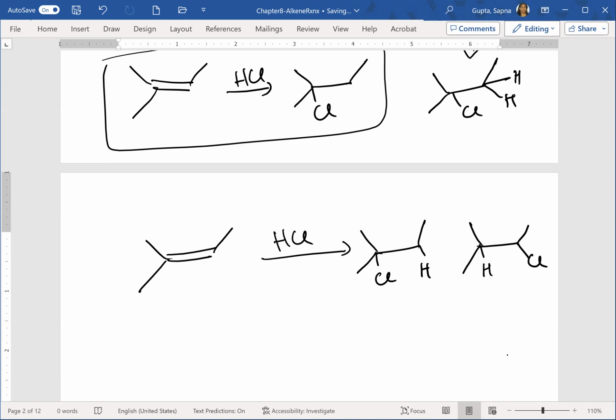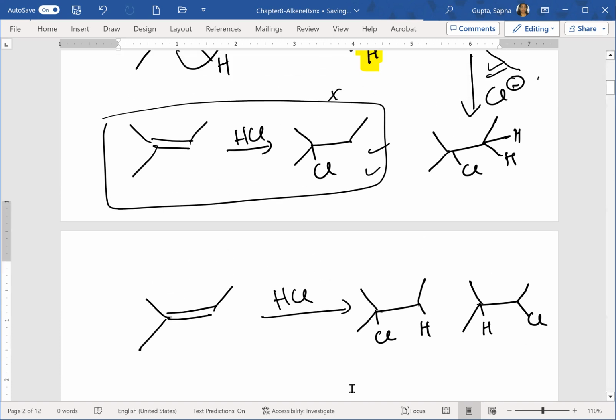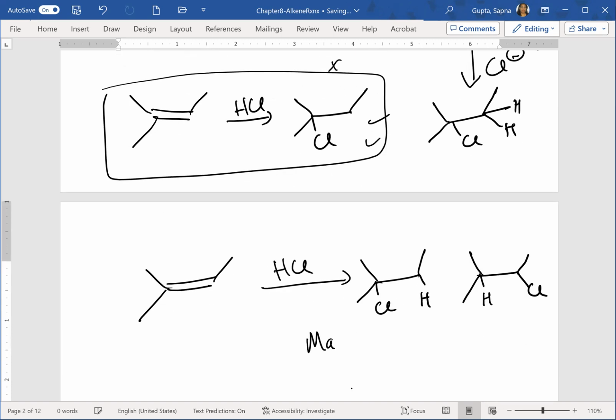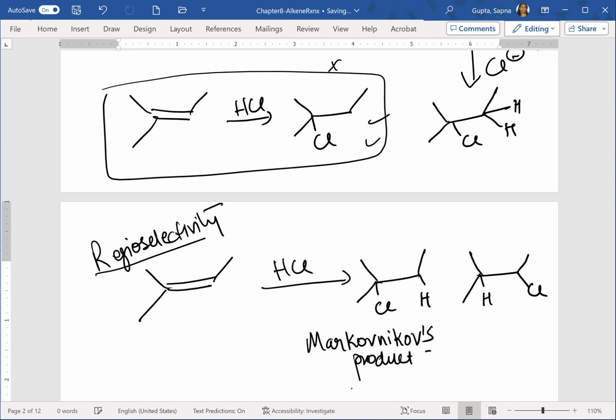So this one, the first one that I have here, this is also the one that you got, okay, because of the carbocation. This is called Markovnikov product. That's the regioselectivity we're talking about now. And again, as I said, if you don't remember the word regioselectivity, I don't care.